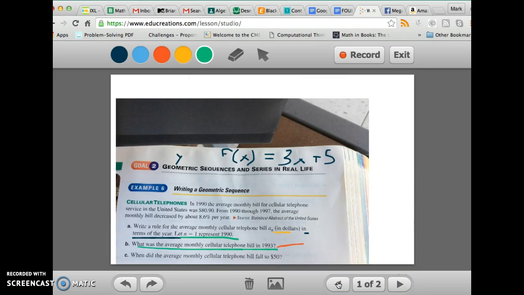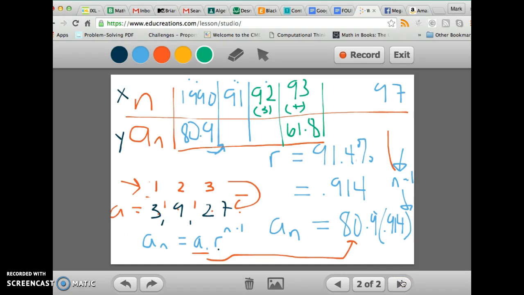When did the average monthly cell bill fall to 50? Again, now I'm plugging into the same formula. To find 61.77, we plugged in 4 for n, and that gave us the third power here, and then we did all the calculation.